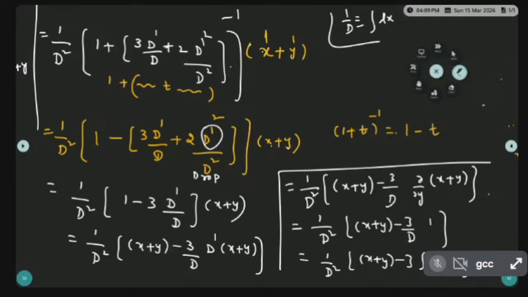Have you written? I will keep this part. I will move that side.